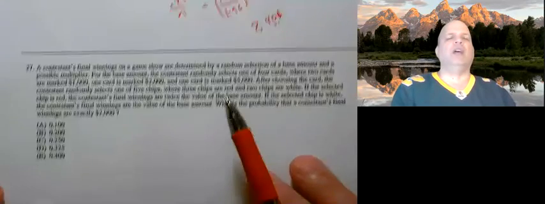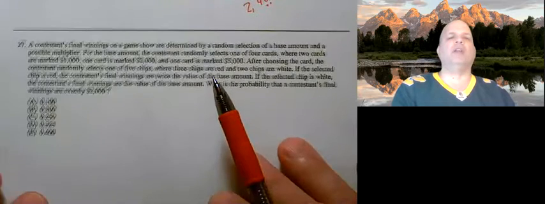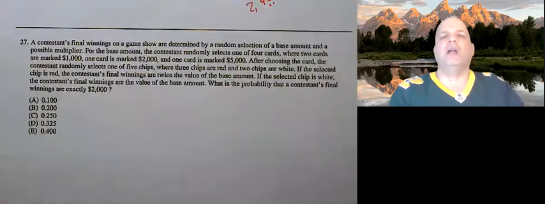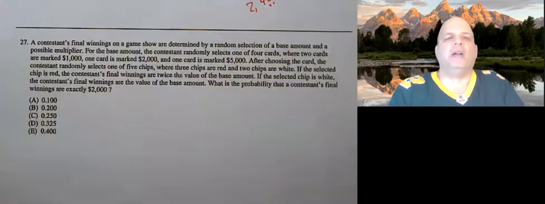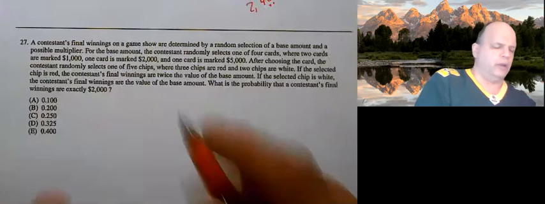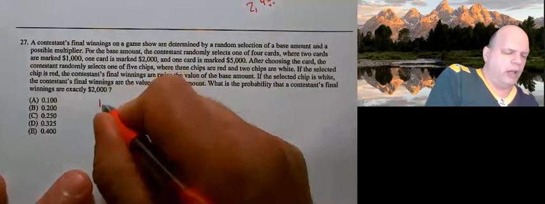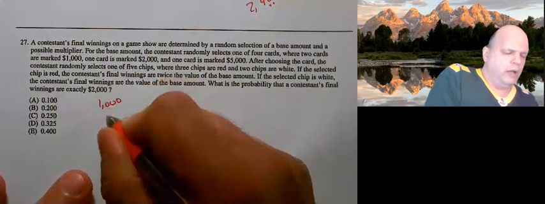All right, 27. A contestant's final winnings on a game show are determined by a random selection of the base amount and possible multiplier. For the base amount, the contestant randomly selects one of 4 cards where 2 are marked 1,000. So we can get $1,000, and the probability of getting that is 2 out of 4.